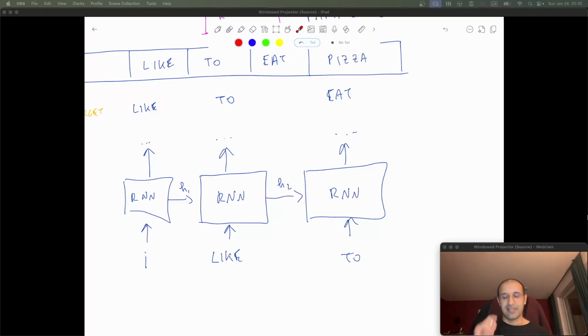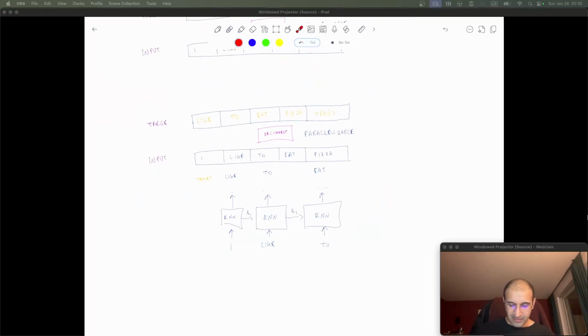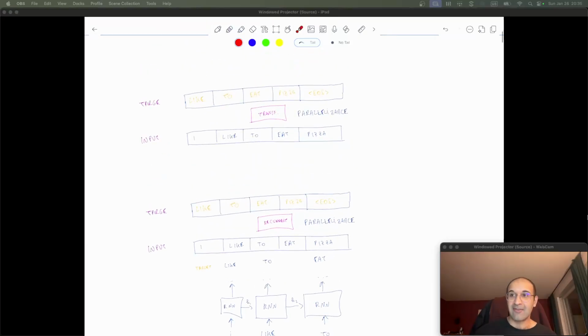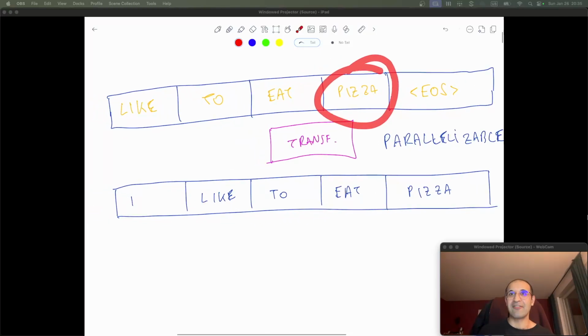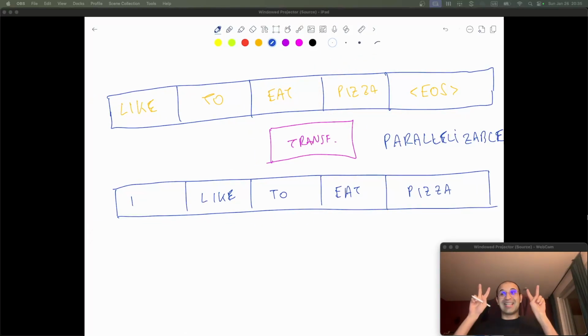Now, what is the problem here? When we use the transformer to predict a particular token, for example the token pizza, it can leverage all the previous input because it's fed all at the same time to the transformer. During training this input is the keys and the values, and during inference this is called the KV cache.